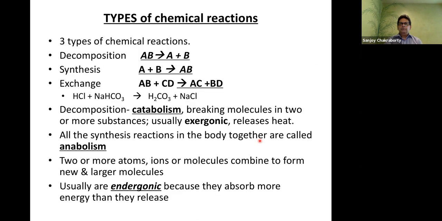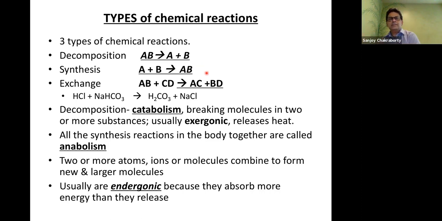Okay. Finally, there are different types of chemical reactions we're going to discuss, and 3 of them in biology are extremely important that you should know: decomposition, synthesis, and exchange. Decomposition is simply defined as, like, HCl broken down into H plus Cl minus, like AB broken down into A plus B. Synthesis, A plus B, like sodium plus chlorine, sodium chloride, or hydrogen plus oxygen, water.